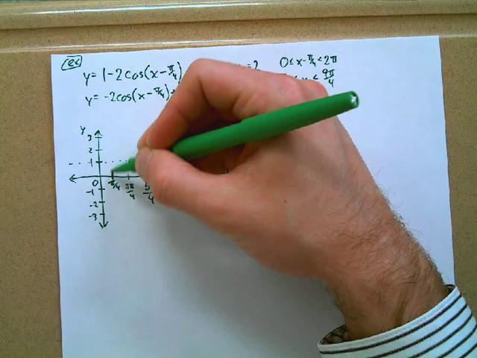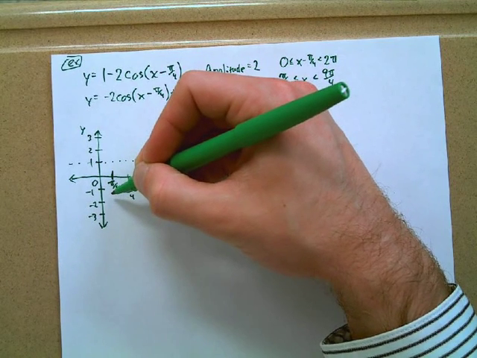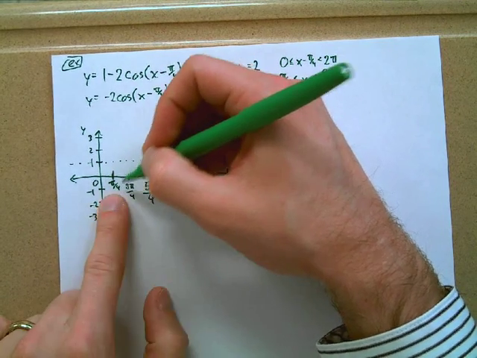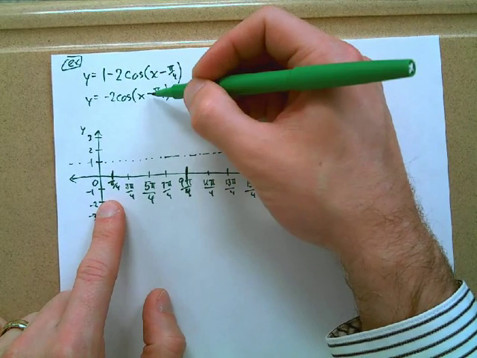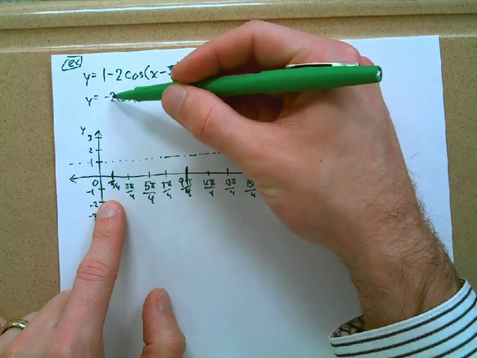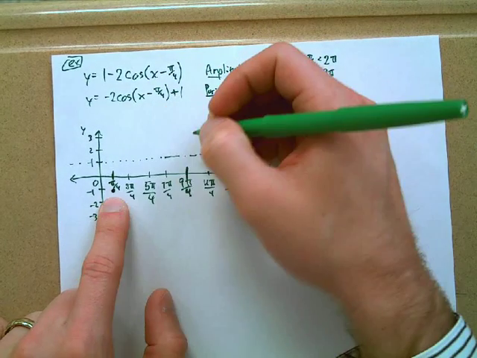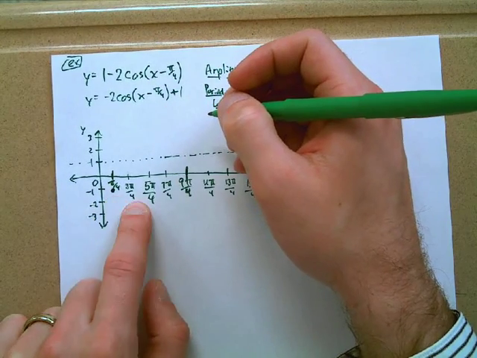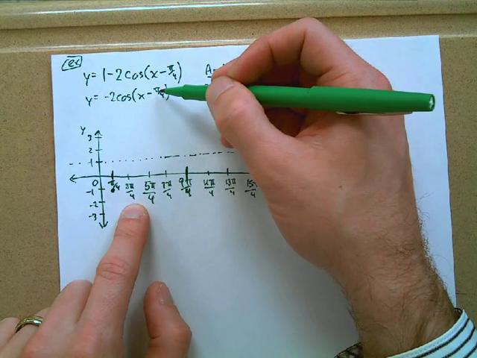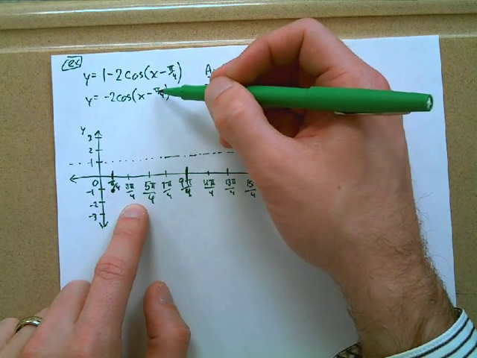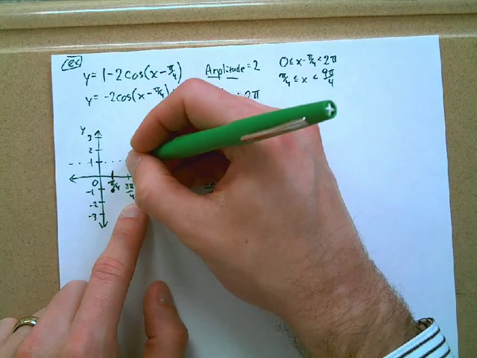And then 5 pi over 4, well, hopefully at this point you can get the idea, but if not, that's okay. 5 pi over 4 minus pi over 4 is 4 pi over 4, which is pi. Cosine of pi is -1 times -2 is +2, plus 1 is 3. So now, hopefully you see, we're going to go up, up, and then back down to the axis, then back down to the -1, back up to the axis, back up to 3, down to the axis, and then back down to the -1, and we're done.